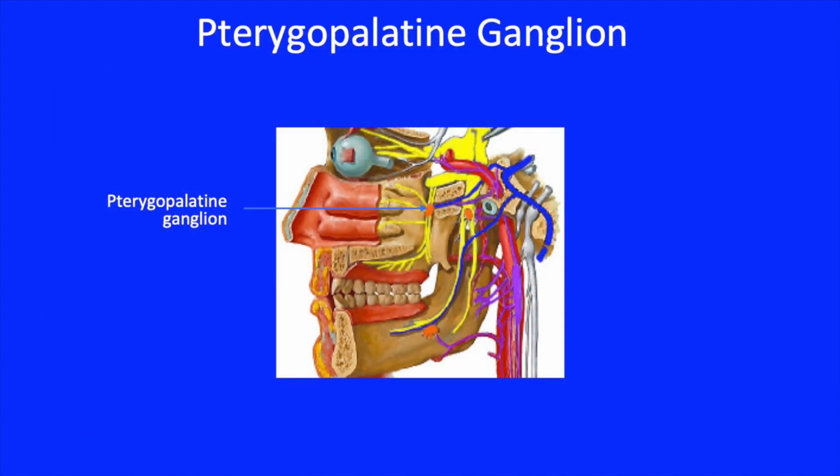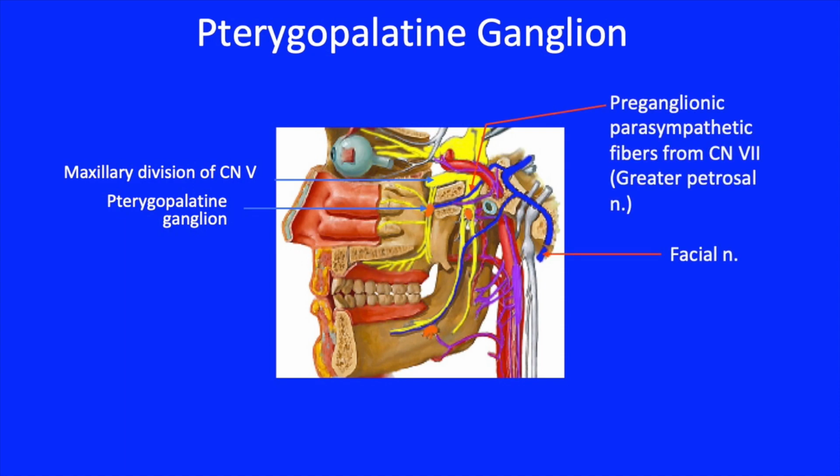In this drawing, the pterygopalatine ganglion is colored orange, and recall that the pterygopalatine ganglion receives its general sensory from the maxillary division of the trigeminal nerve. Its preganglionic parasympathetic fibers, colored in blue, arrive there from the facial nerve.